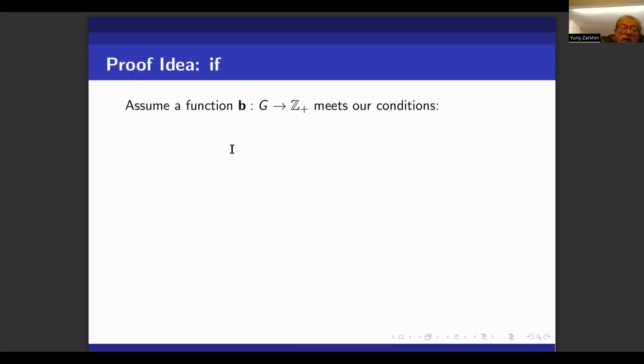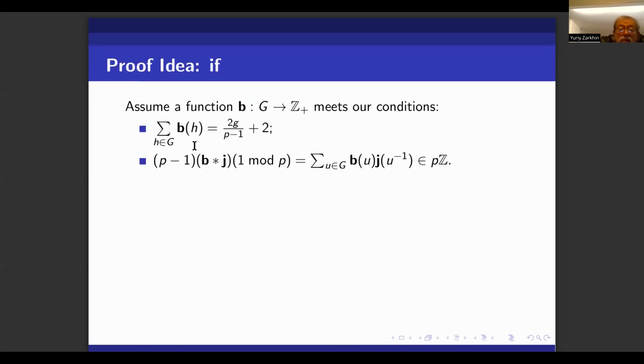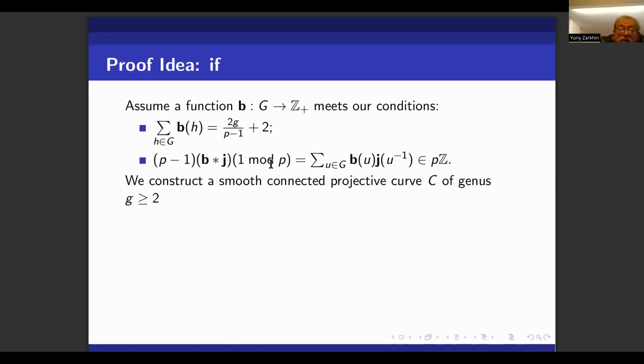Well, now the proof in the opposite direction. Assume that a function b meets our conditions. So the sum of values is 2g over p minus 1 plus 2, and the sum of b of u times g of u inverse, taken across elements of G, is divisible by p. We construct a smooth connected projective curve C of genus g.